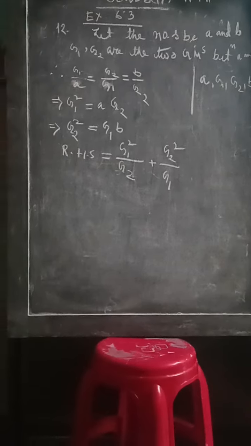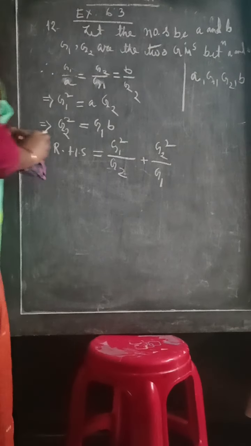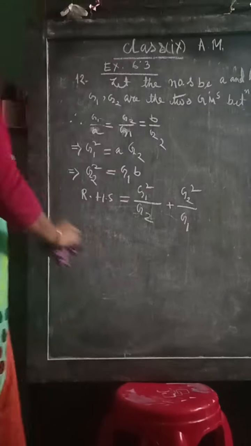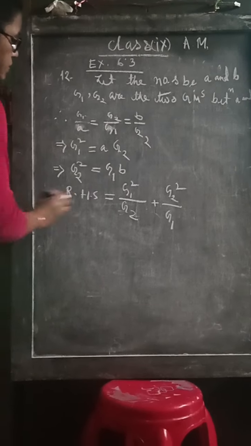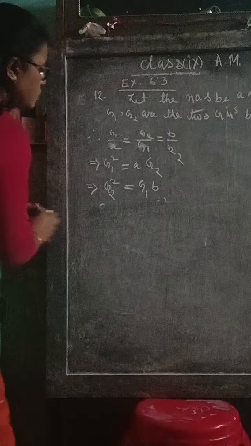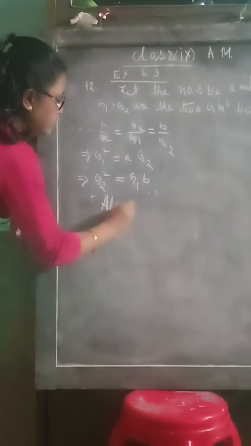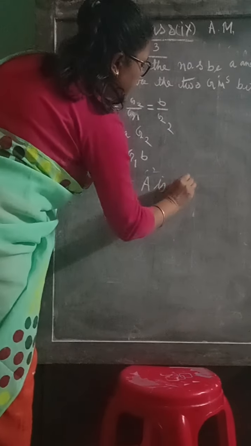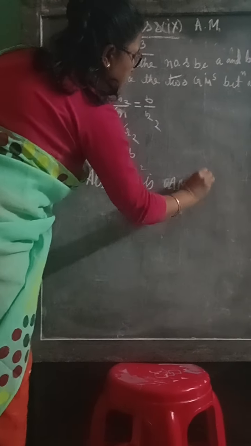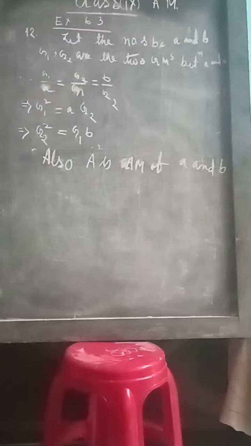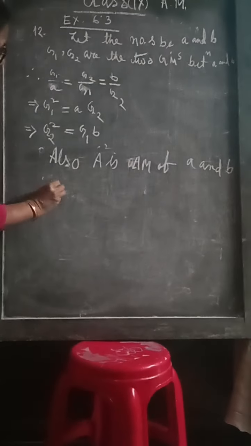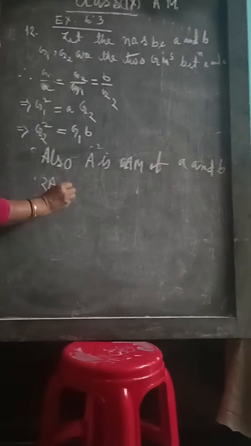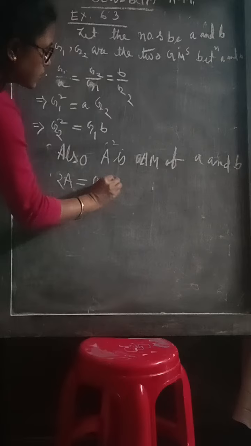A is the arithmetic mean of A and B. Therefore, A equals A plus B by 2, so twice A equals A plus B.